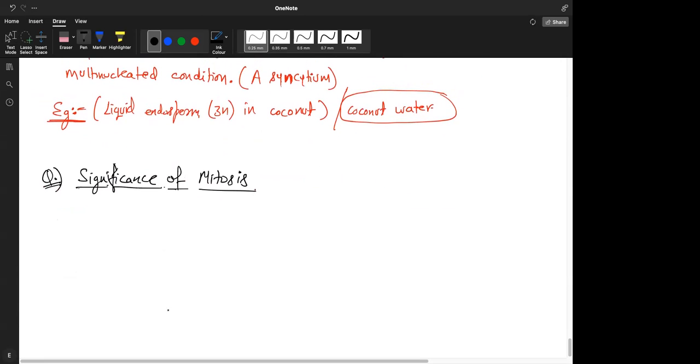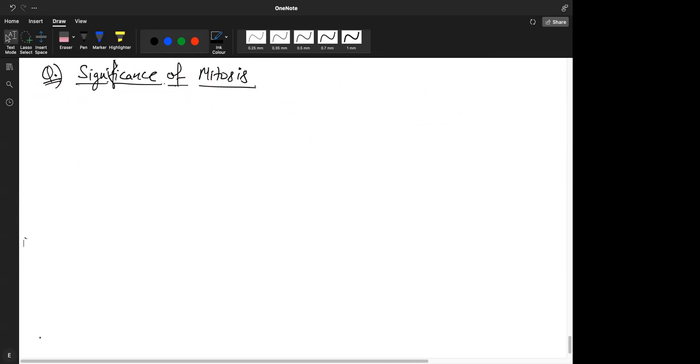Any idea? We know that from mitosis we can make equational division, so we have discussed it already. All the repair, growth, everything that you do for sustenance, growth, and cell repair is done by mitosis. So write down.